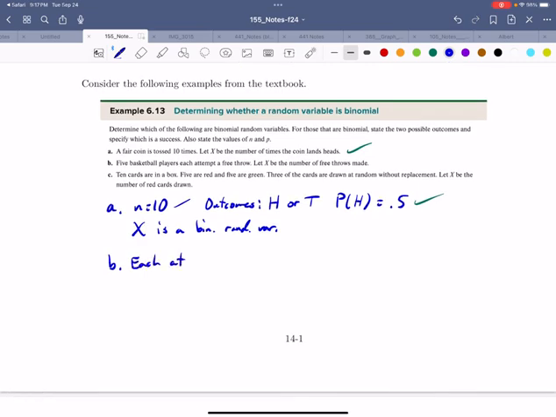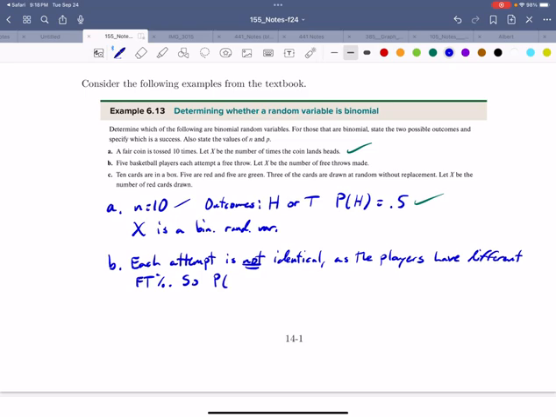each attempt may be independent, but they're not identical, as the players have different free throw percentages. So, probability of success is not constant, right?